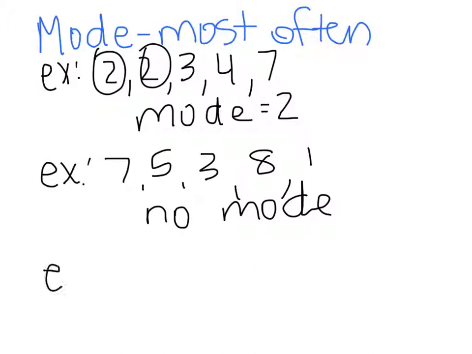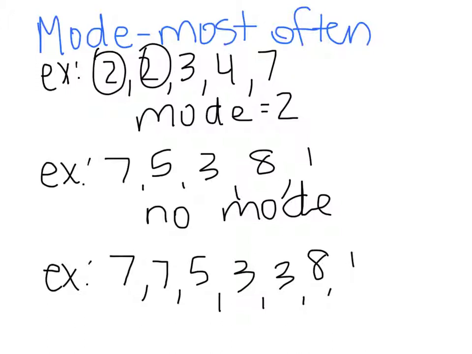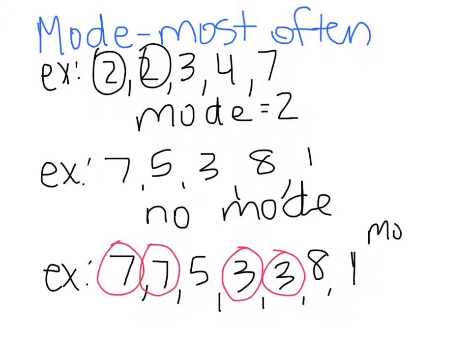The last example I want to show you is when there could be many modes. You have 7, 7, 5, 3, 3, 8, 1. You can see 7 occurs twice, but so does 3. So in this problem's case, the mode is both 3 and 7.